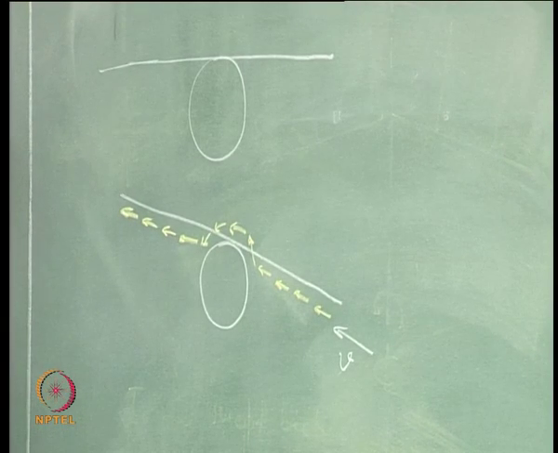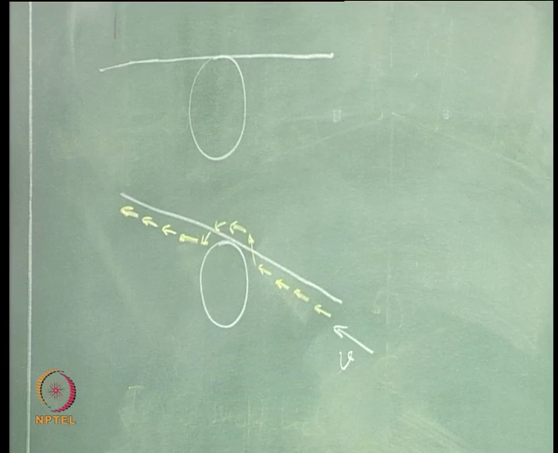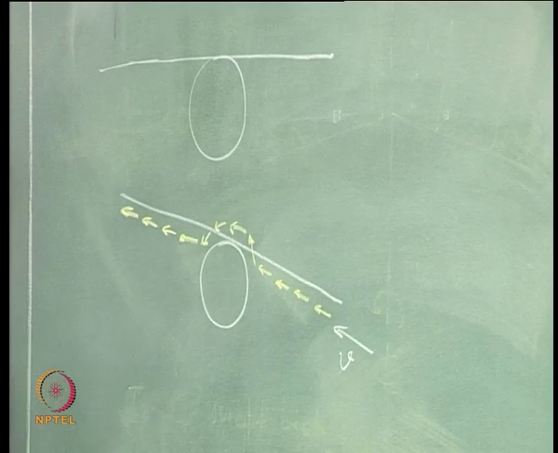What is happening? I have just drawn one streamline, right. Similarly, you can draw other streamlines. What is happening here?